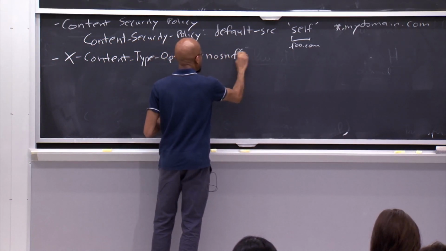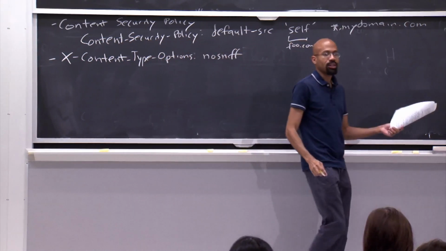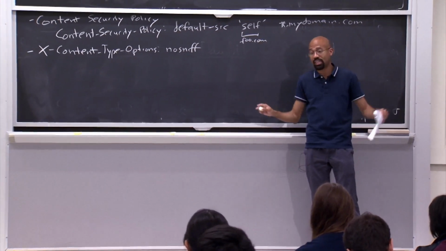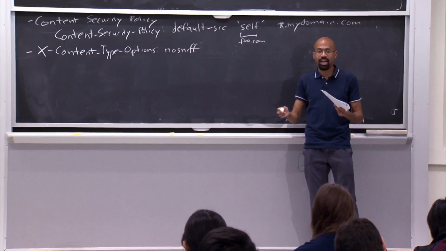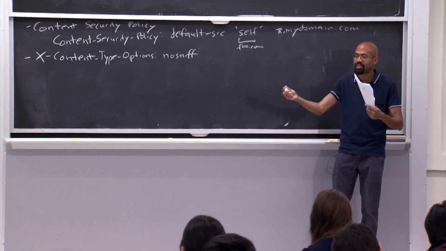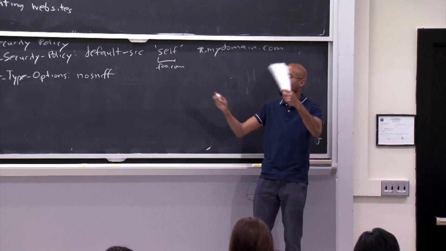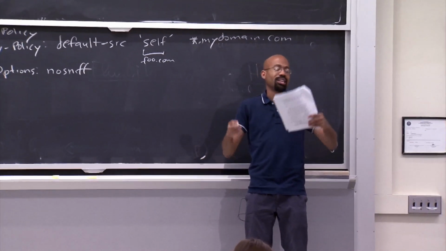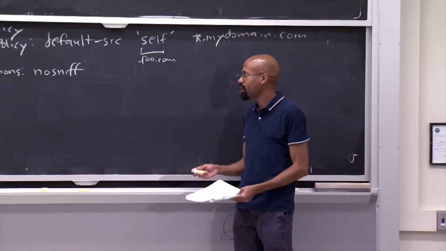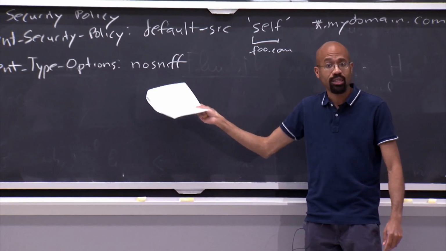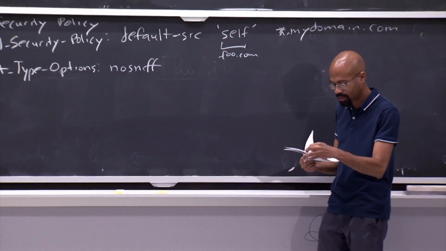What this means is that it prevents the browser from doing some of those quote-unquote helpful optimizations like we discussed last lecture, where it will say, aha, there's a mismatch between the file extension and the actual bytes that I've sniffed in the content. So let me somehow massage this content into some different thing, and then all of a sudden you've given the barbarians the keys to the kingdom. So you can set this header and basically say, browser, do not do that. That can be useful in mitigating some types of attacks as well.